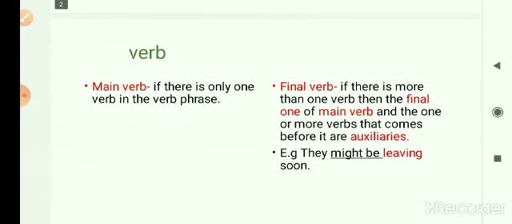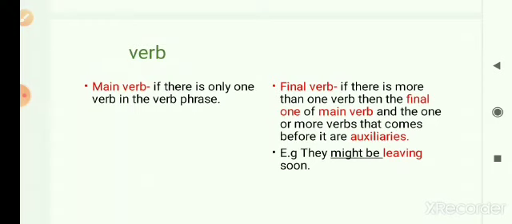As I have already mentioned, there is a main verb and there is also a finite verb. What is a main verb? If in a sentence you have only one verb, or only one verb in the verb phrase, then it is the main verb.